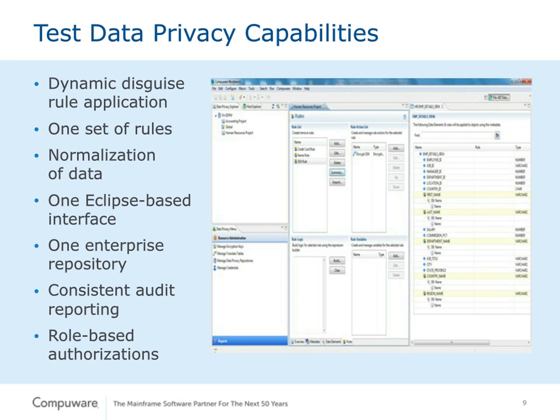We provide role-based authorizations to control who can view and modify data within the repository. Now, once the rules have been defined, they're used to protect data across the enterprise. So z/OS data, DB2 data, IMS data, and distributed data will all be disguised using the exact same disguise rule.